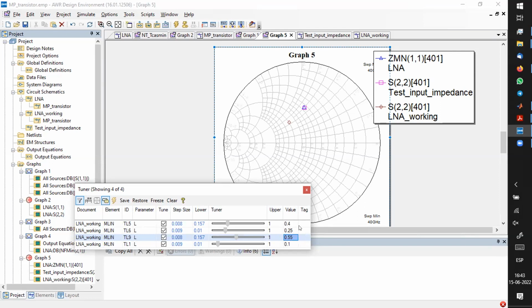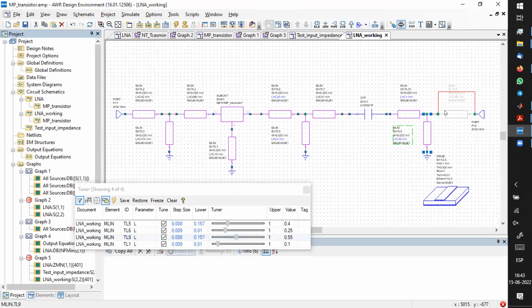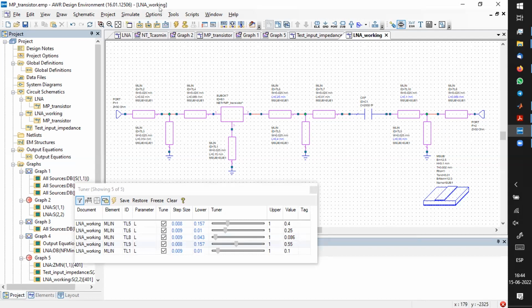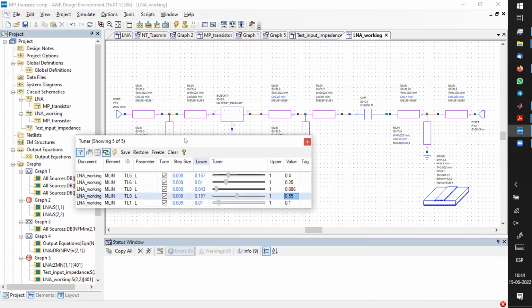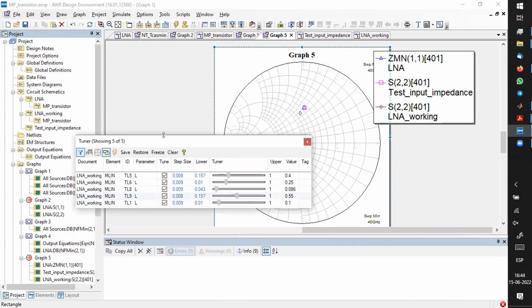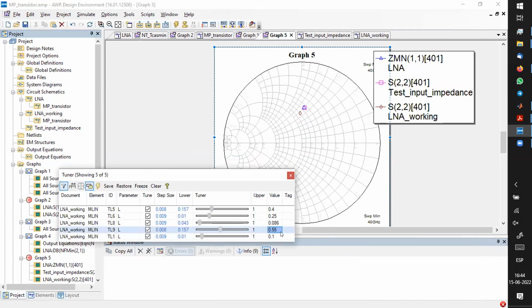Okay, good, looks good. Then we add the series line. Looks good. Yeah, you are there. That's good. It's close enough.